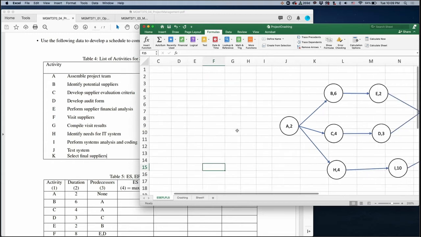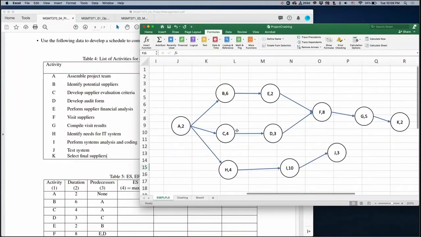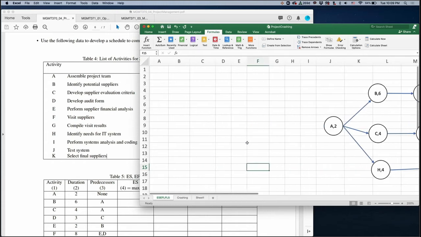To do that, we complete this kind of Excel spreadsheet with activity and duration. We need the predecessor information. Then we can compute the ES and the EF.